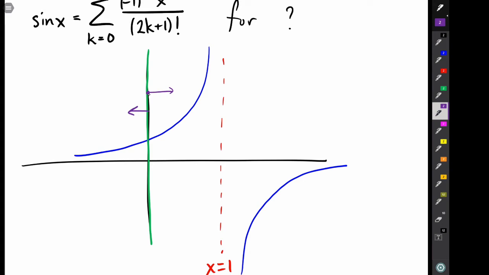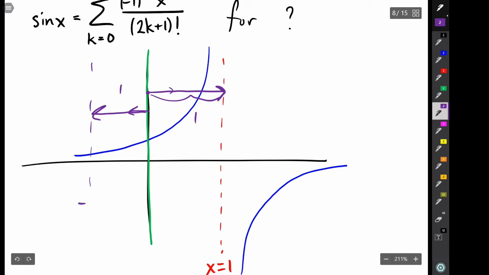And as it turns out, we can go all the way up until we hit that line. So we can move a distance of 1. And we're only allowed to move a distance of 1 in this direction as well. That corresponds here to the interval from -1 to 1. That's visually what the radius of convergence is saying.